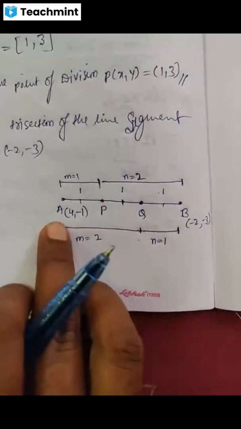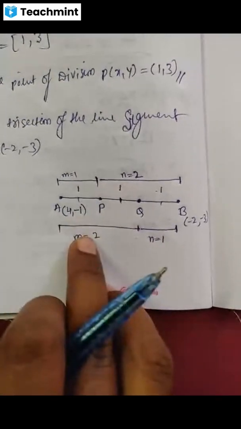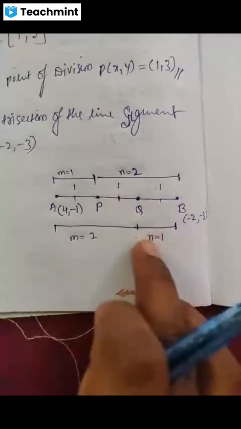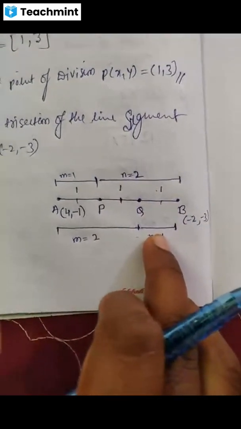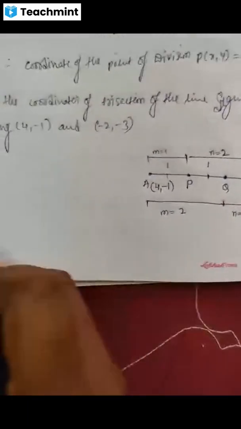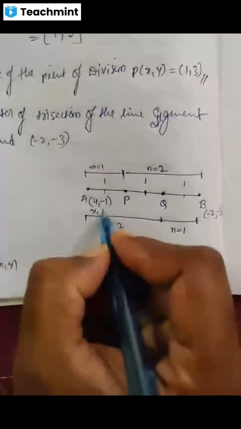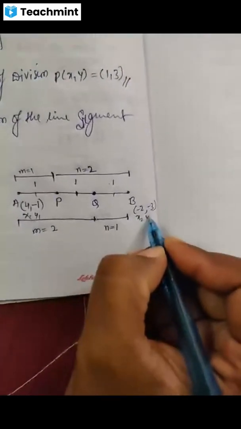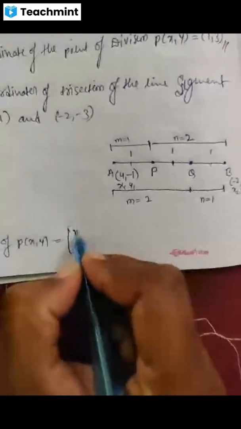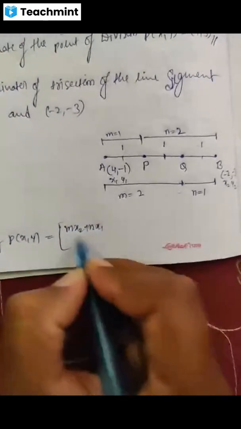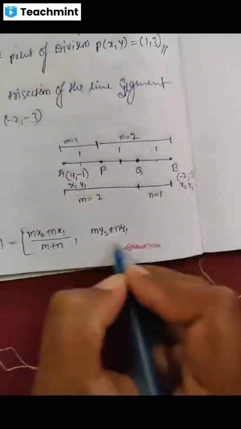Coordinates from A to Q, the ratio is taken as m is 2, n is taken as 1, right? So we have, therefore, the coordinates of P(x,y) are given by, if you take this one as (x1, y1) and this one as (x2, y2), equal to (mx2 + nx1)/(m + n), comma, (my2 + ny1)/(m + n).